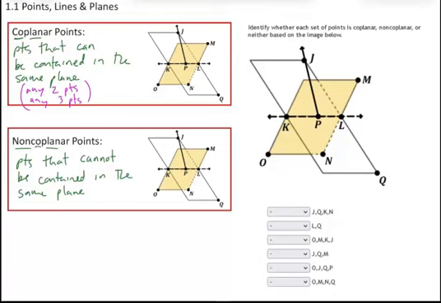It's only when you get to points that are outside that they might fall on or off. So if I looked at points, let's say L, M, and O, those fall on that shaded plane, right?